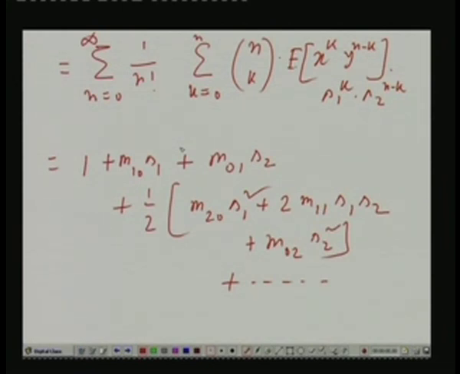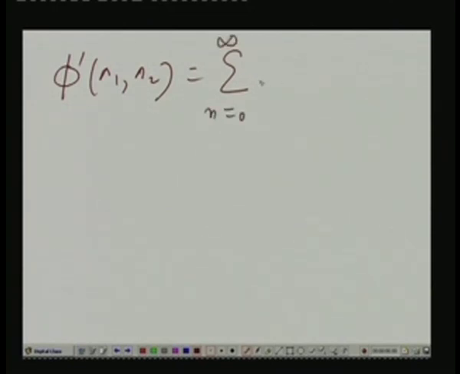Suppose given this moment generating function, we want to find out m k r, that is, if k plus r is equal to say some n, then this nth order moment m k r. How do we go about it?